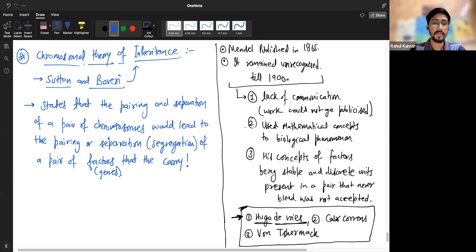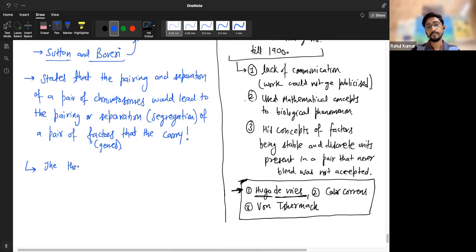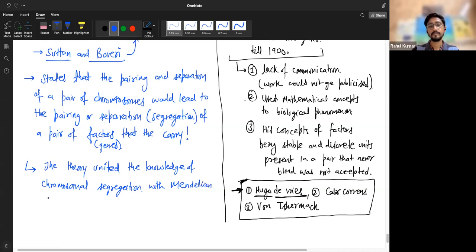So this proves it. Write down: this theory united the knowledge of chromosomal segregation with Mendelian principles of inheritance.